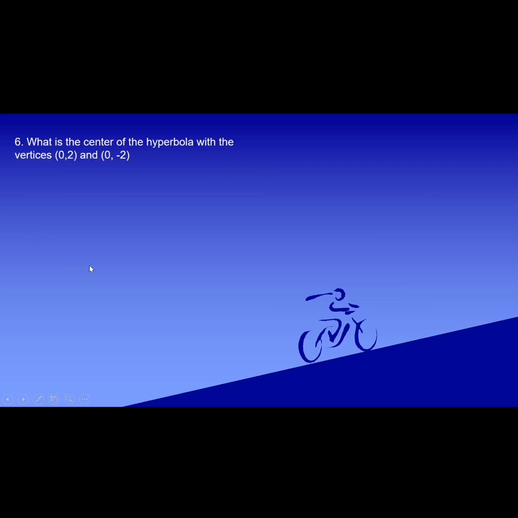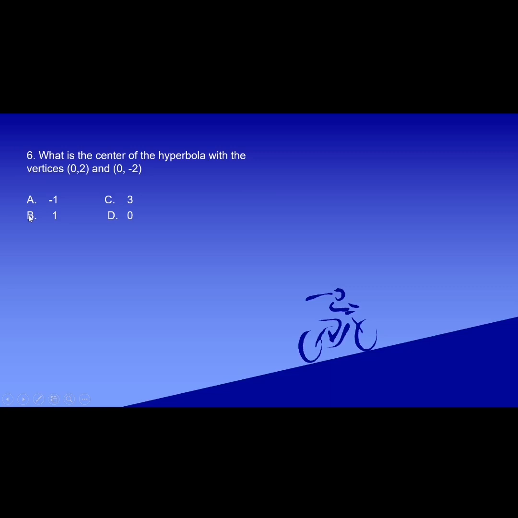For number 6, what is the center of the hyperbola with the vertices (0, 2) and (0, -2)? So ito yung choices natin. A is -1, B is 1, C is 3, D is 0.